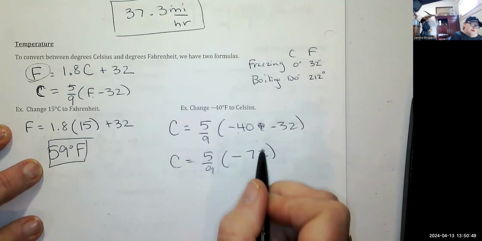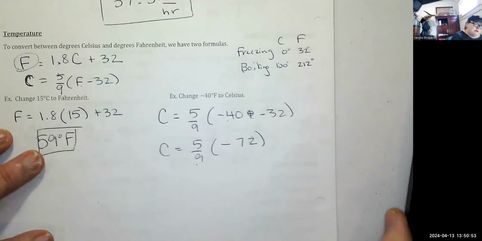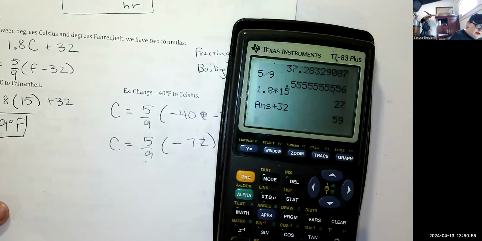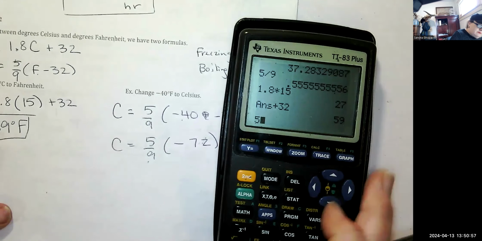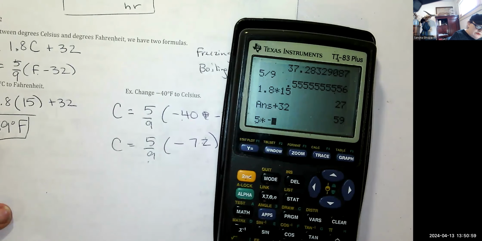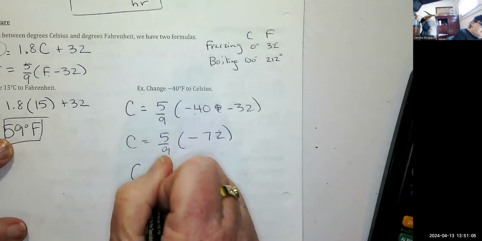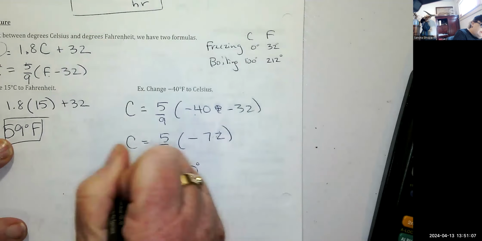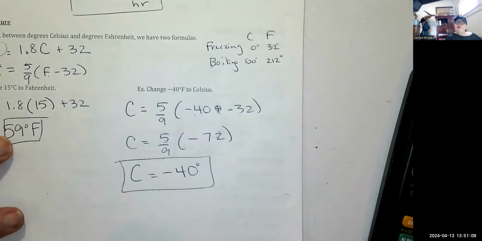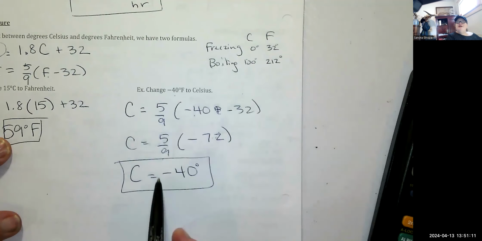This can reduce, the 9 and 72, but I could also just multiply it. 5 times negative 72, divided by 9, is negative 40. So at negative 40, Fahrenheit and Celsius are the same. I think that is crazy.